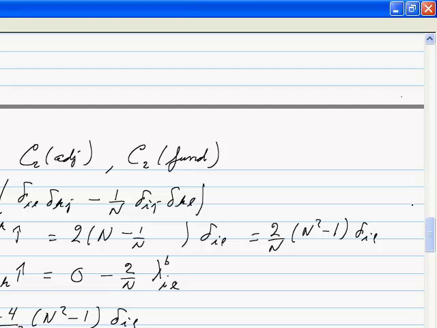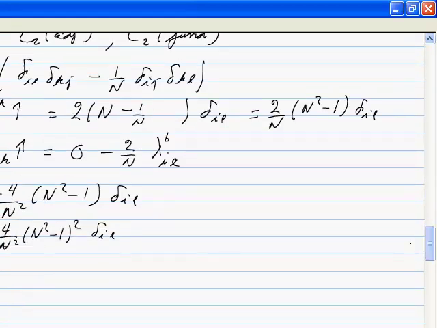Okay, so there's a bunch of practical calculations that you do encounter.